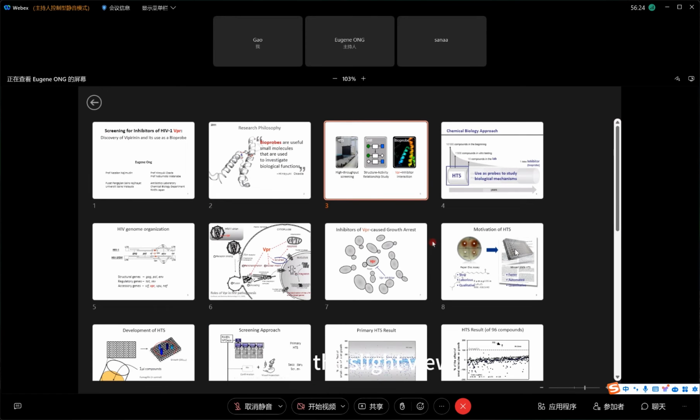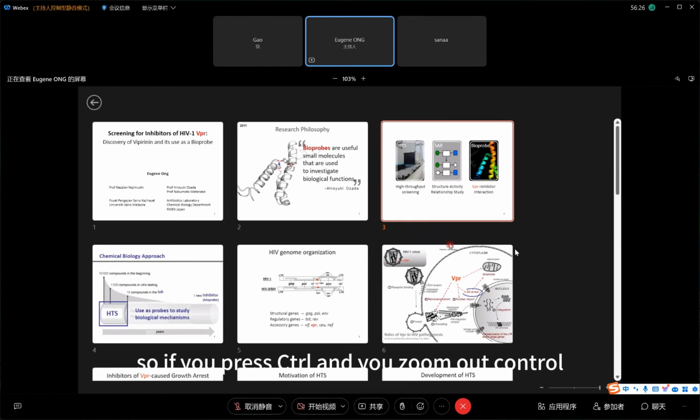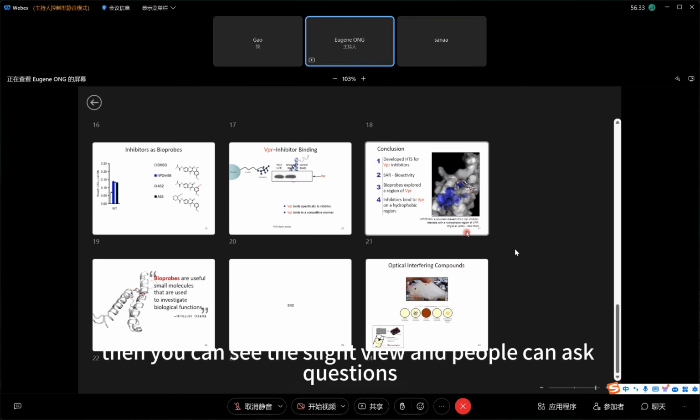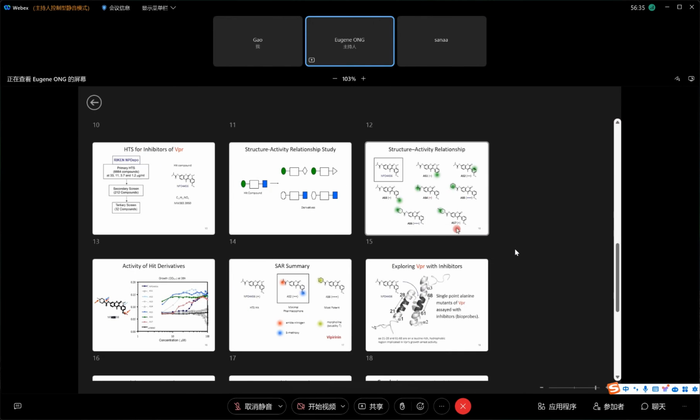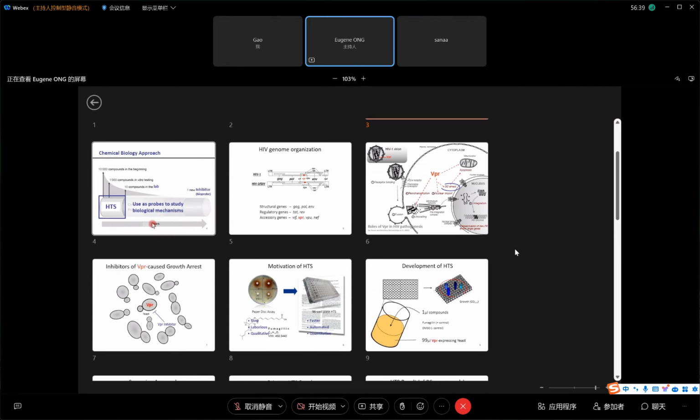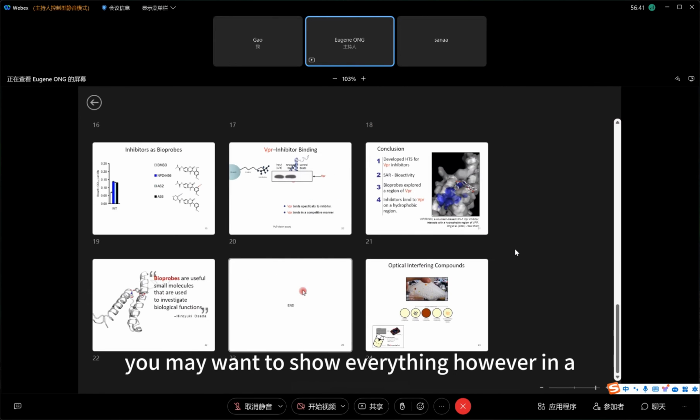Yeah, so this is the slide view. So if you press Control and your mouse to zoom out, then you can see the slide view. And people can ask questions. So in the full result presentation, you may want to show everything.